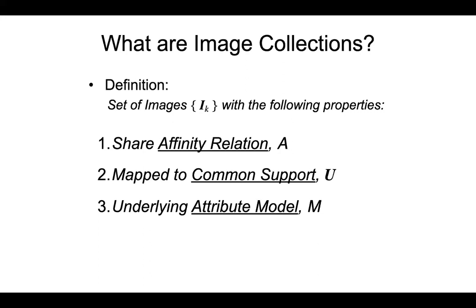Because a media object has a common support, an attribute model, and when you make several media objects that are all images and create an image collection, they have this affinity relation, right?